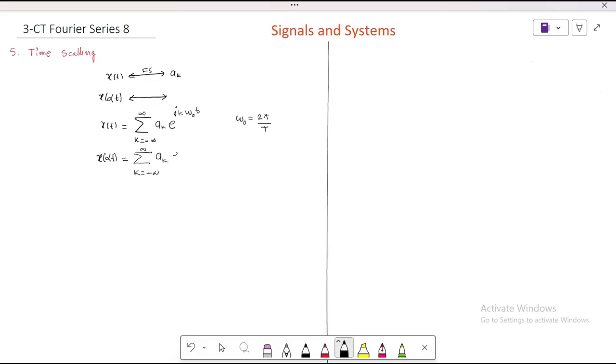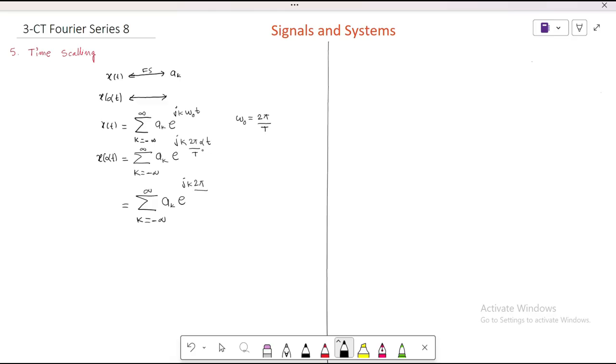So ak e power jk 2 pi by T into alpha t.